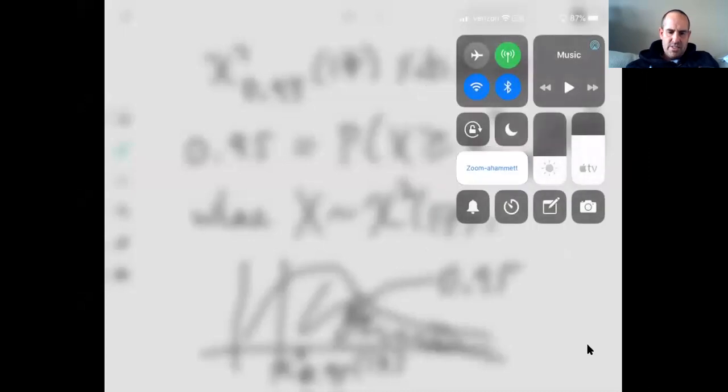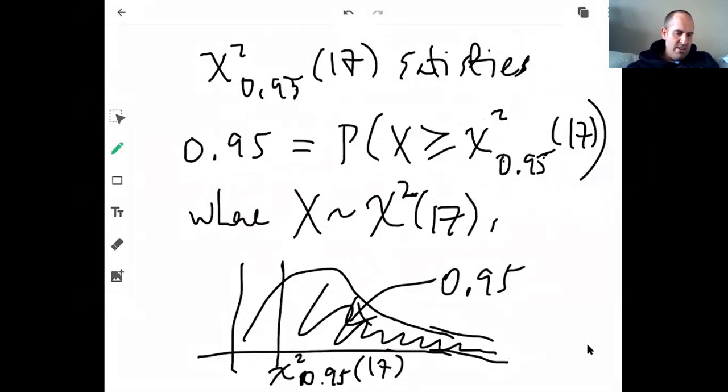Chi-squared 0.95 with 17 degrees of freedom is equal to 8.67176.